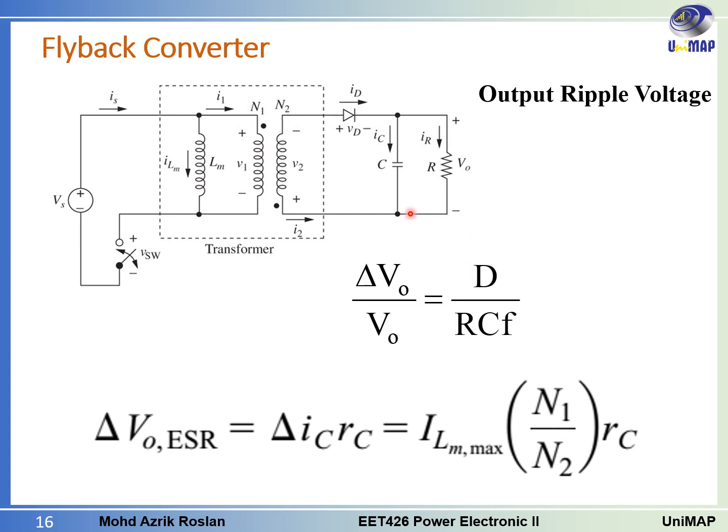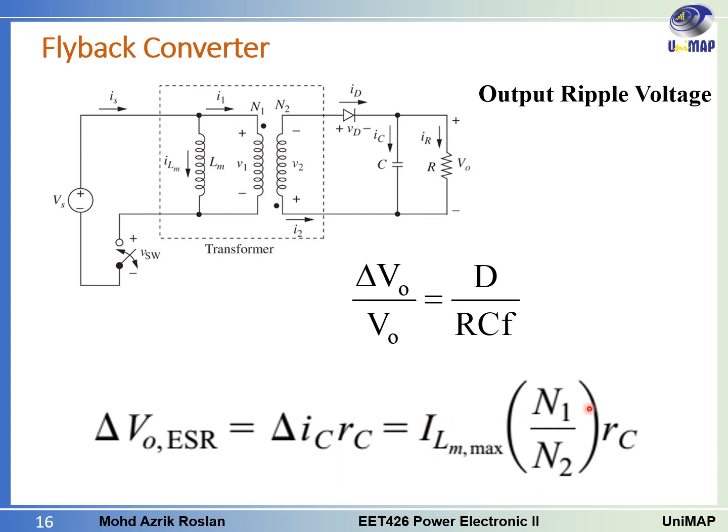The output ripple voltage for the flyback converter will be the same as the output ripple voltage for the buck-boost converter, because the output configuration of both converters is the same. The voltage ripple due to the equivalent series resistance will equal the maximum current ripple of the capacitor current multiplied by RC, the resistance across the capacitance.